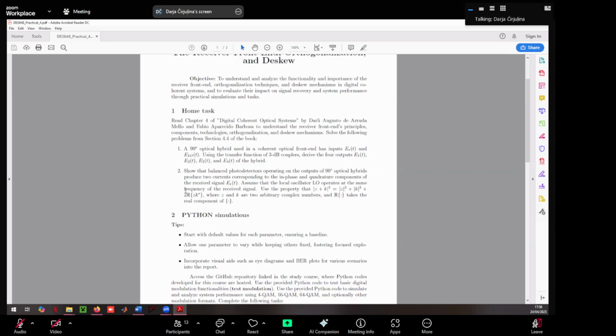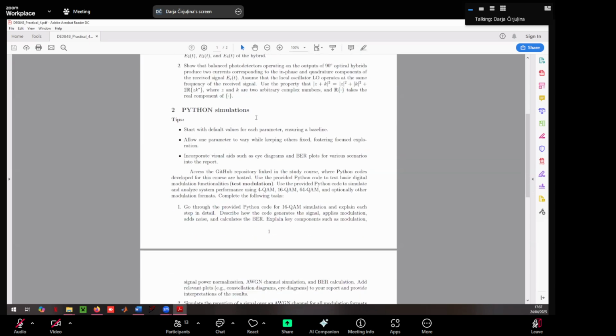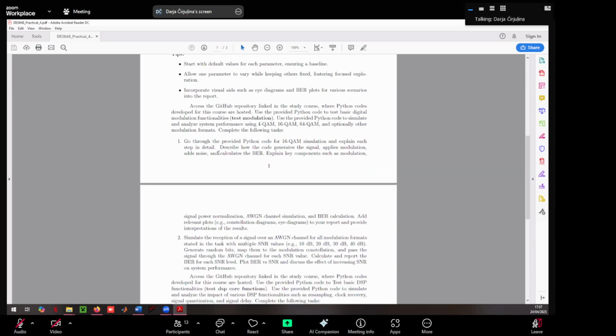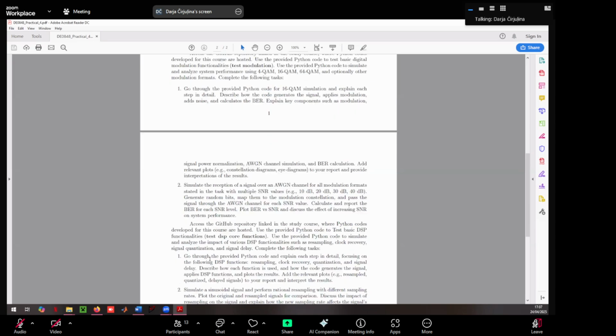So you will have two theoretical, analytical tasks. Only these two tasks from section 4.4 need to be finished. And then you would have the Python simulations. This time you would have two codes to test. One is test modulation, and the second one is the test DSP core function.